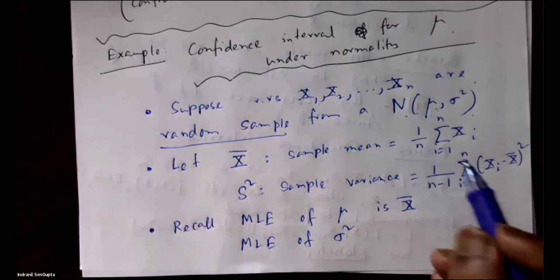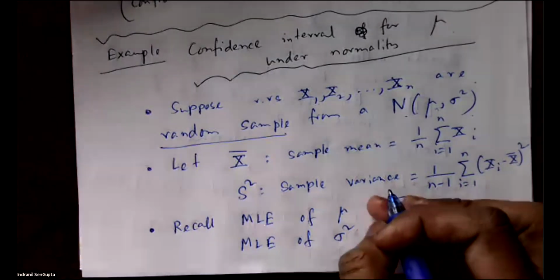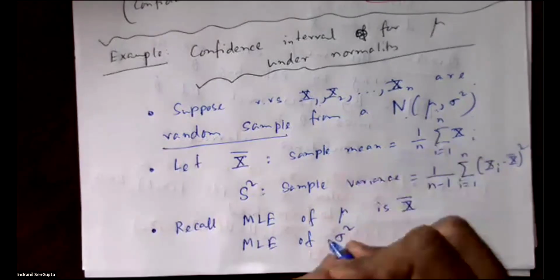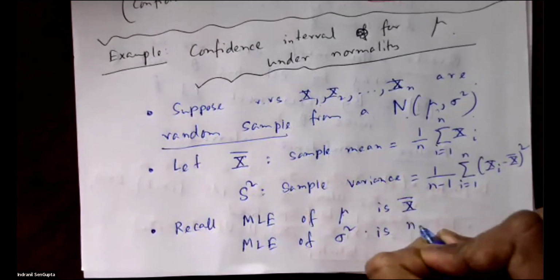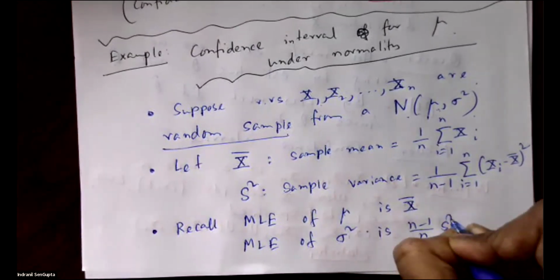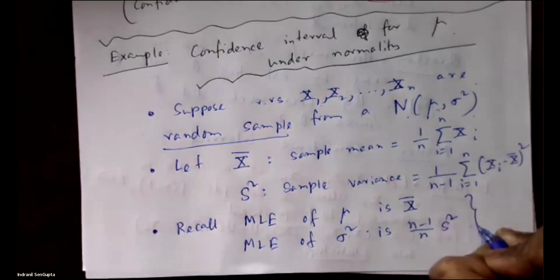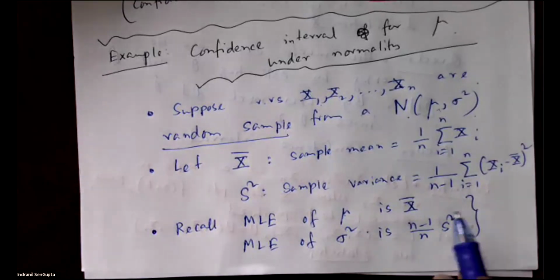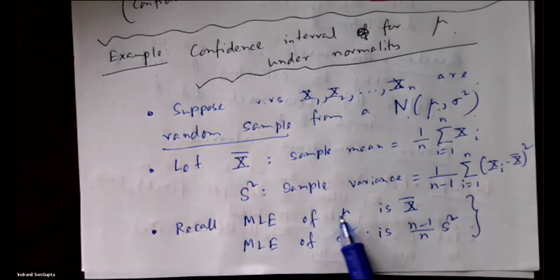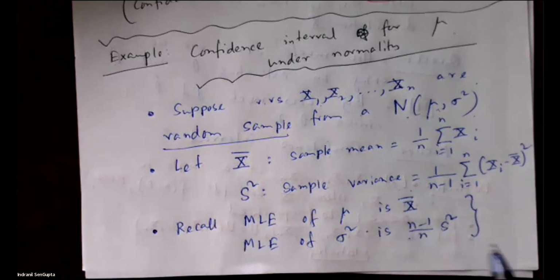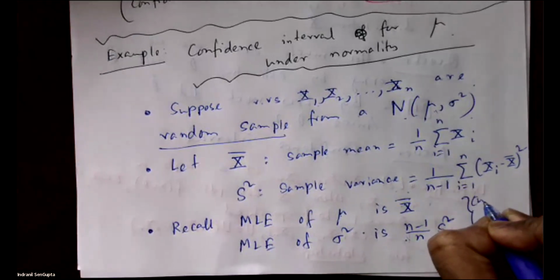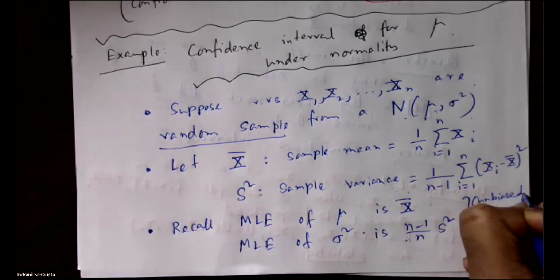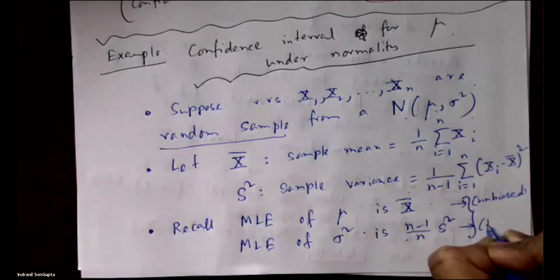It's basically the 1 over n version, given by n minus 1 over n times S squared. We have done this last class. Sorry, the first one is the unbiased estimator, and this is the biased one.